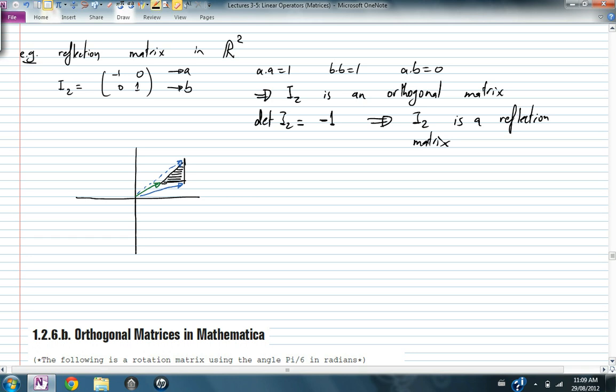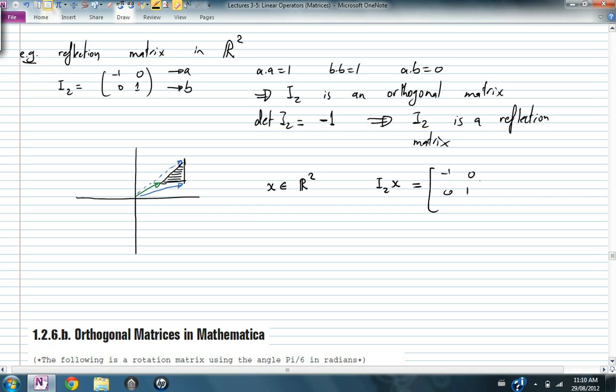Let's see what I2 does to one of the vectors here. I'm going to assume a general vector. What will happen when I multiply I2 by x?